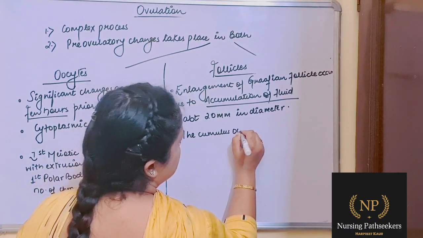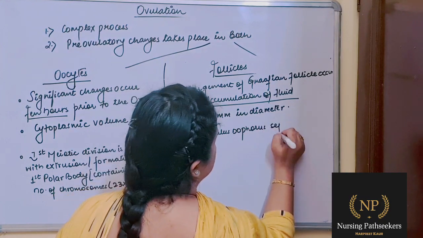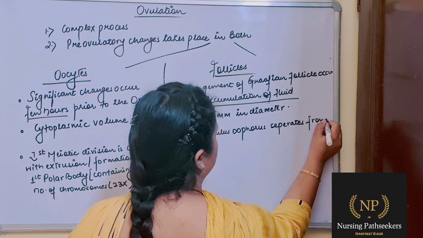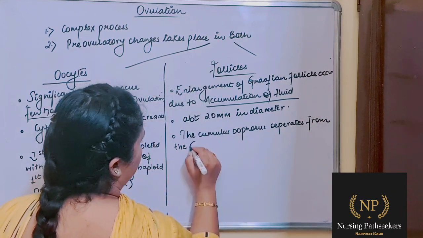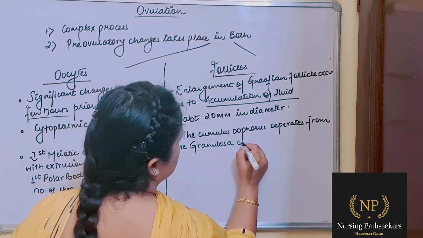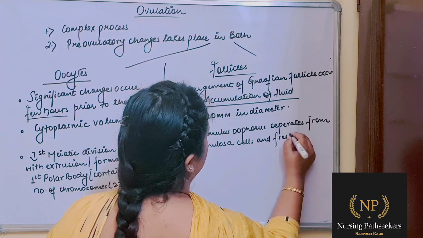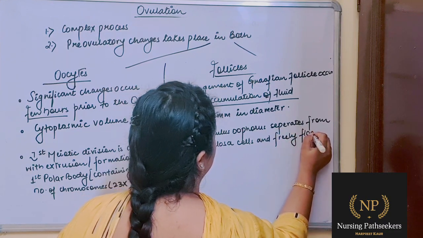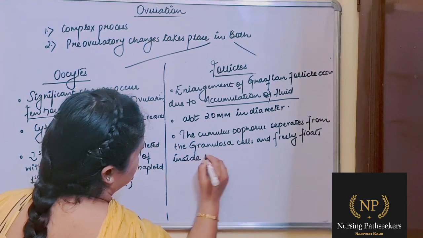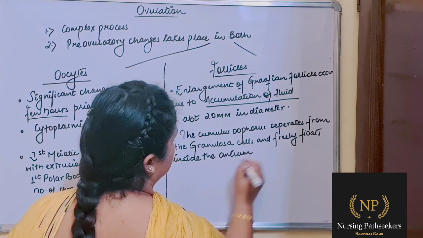The cumulus oophorus separates from the granulosa cells and freely floats inside the antrum. Right?